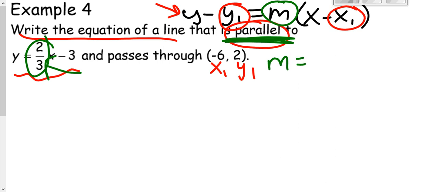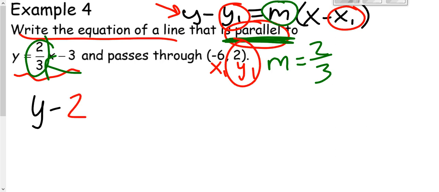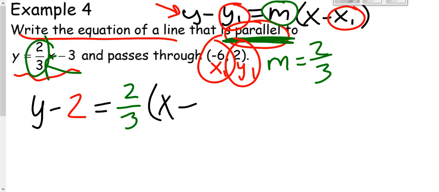So our m is going to be 2/3. We just plug that into our formula. I've got y minus my y1, which was 2, equals my m, which we know was 2/3, times x minus my x1, which was -6.